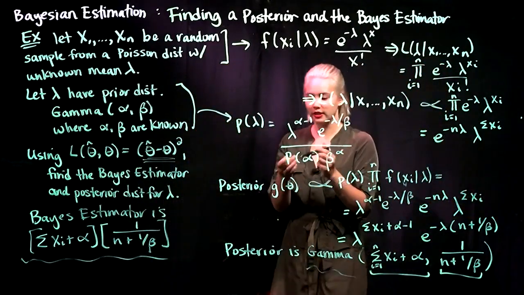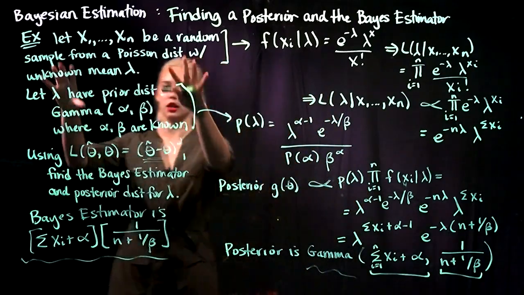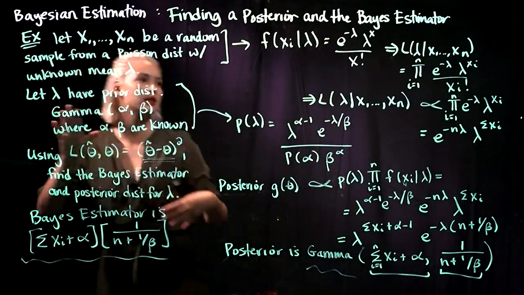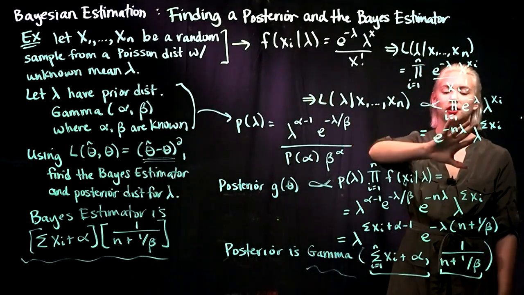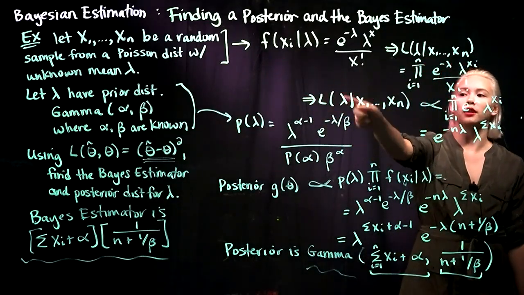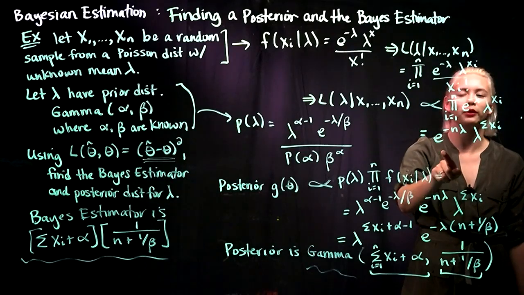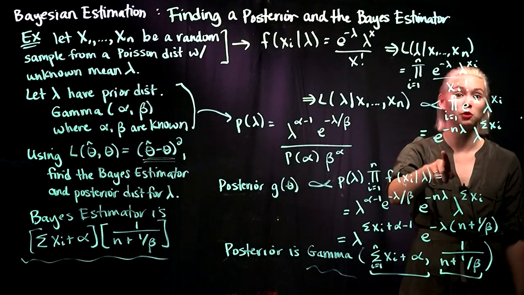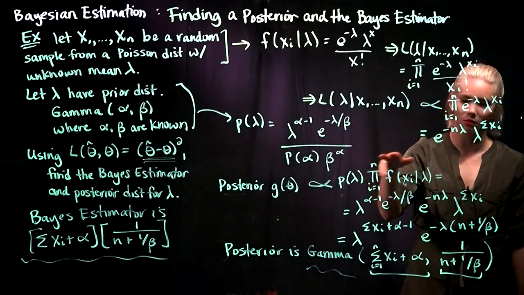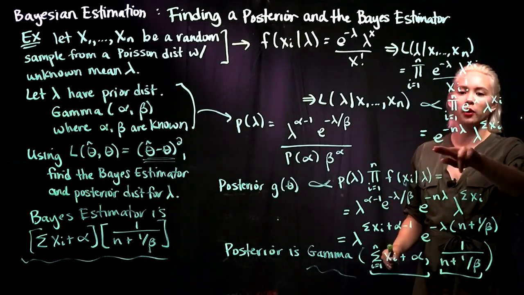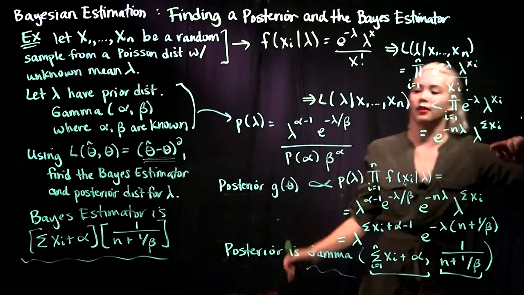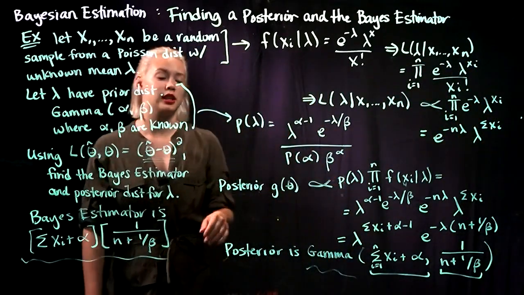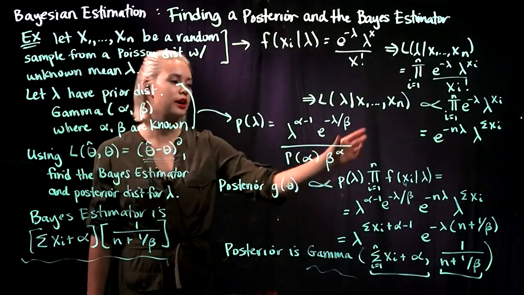Just to quickly summarize what we've done, we took all of these sentences and translated them back to math. So we have these equations here, and then we found our likelihood, but really just the likelihood without the constants, because that doesn't matter. Then we got our prior distribution written out, and we remembered that posterior is proportional to prior times likelihood.